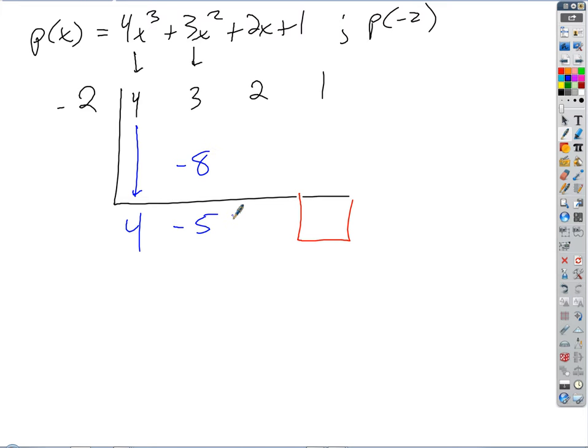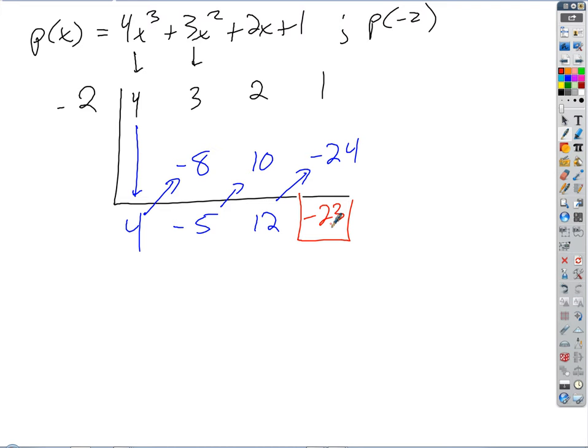A number popped down there, so I multiply by this number. Notice you just push the result up there diagonally, right? So negative 2 times negative 5 is 10. 2 plus 10 is 12, and then negative 2 times 12 is negative 24, and 1 plus negative 24 is negative 23.